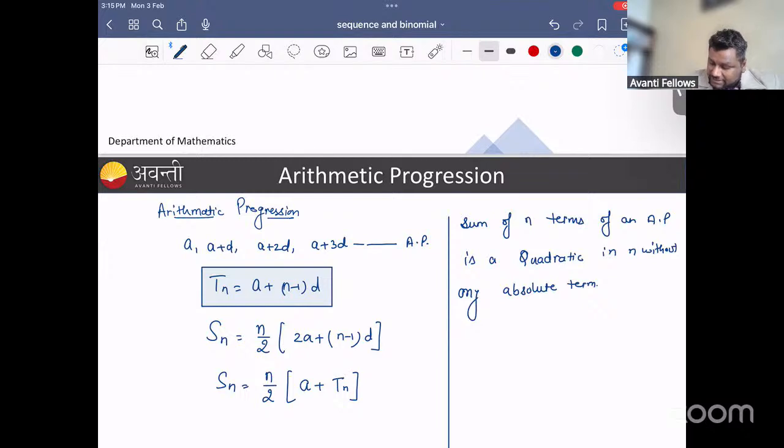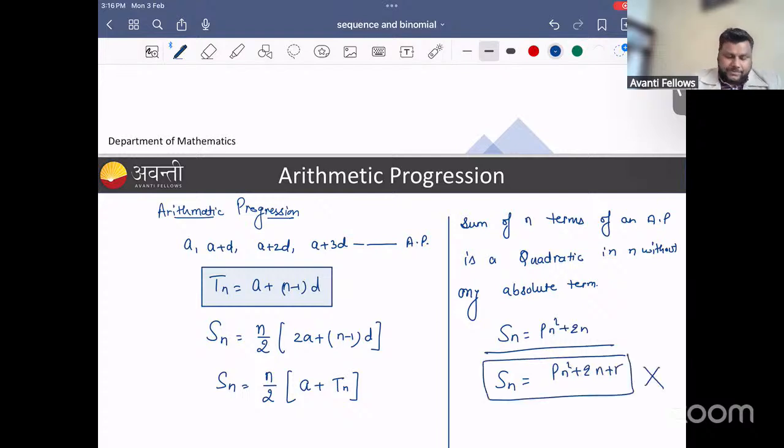Like if you see the sum as Pn square plus Qn, this is definitely going to be the sum of n terms of an AP. But if you see Sn as Pn square plus Qn plus R, this is not the sum of n terms of an AP. Understood?